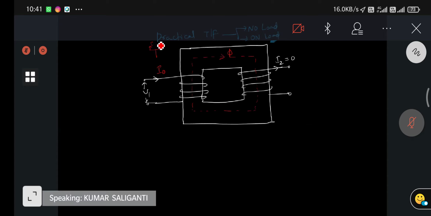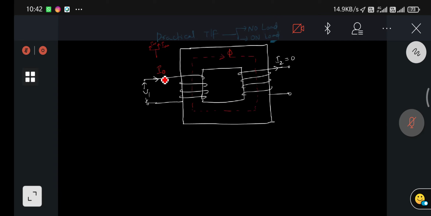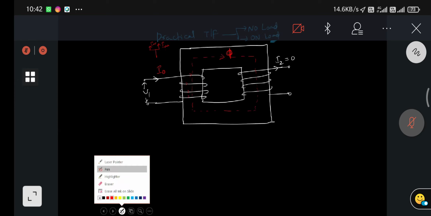There is a working component of current here, and a magnetizing component. Just remember that. When this I naught flows through this, it produces the flux here. Thus we set up the flux in the core.